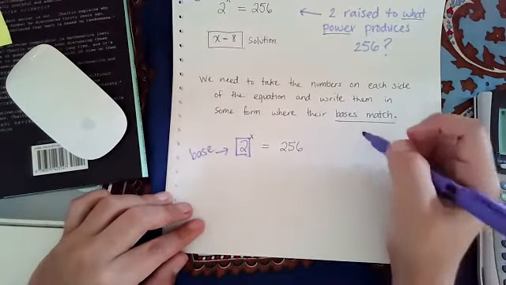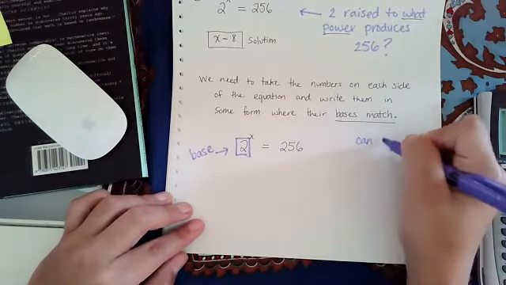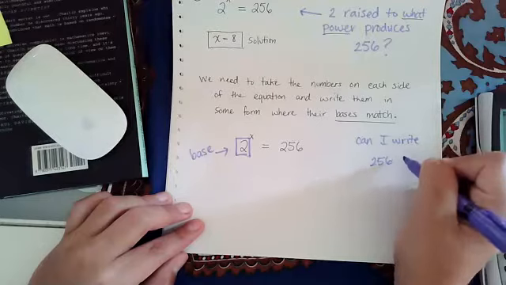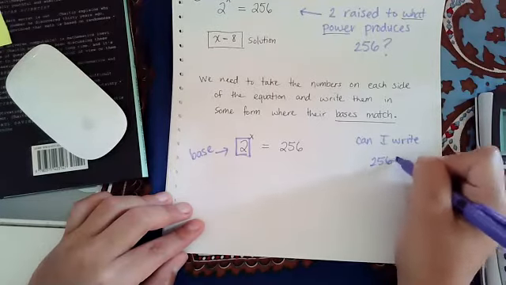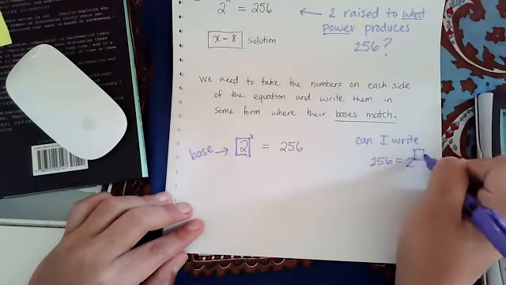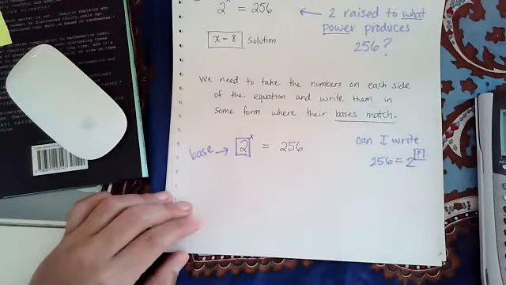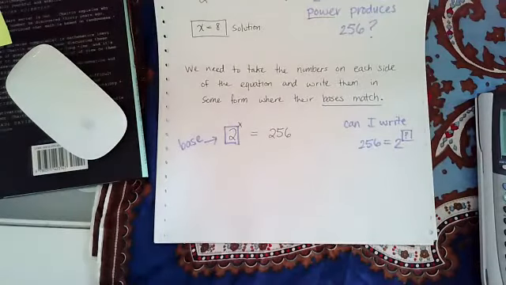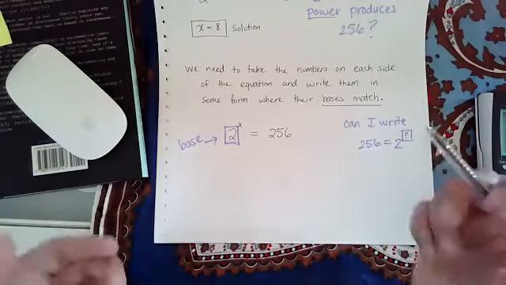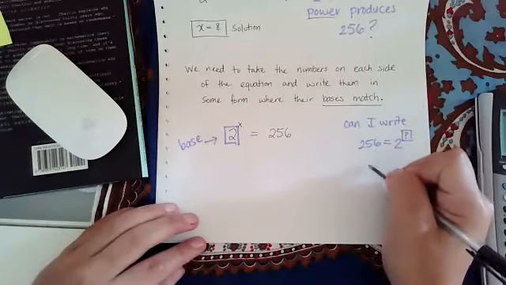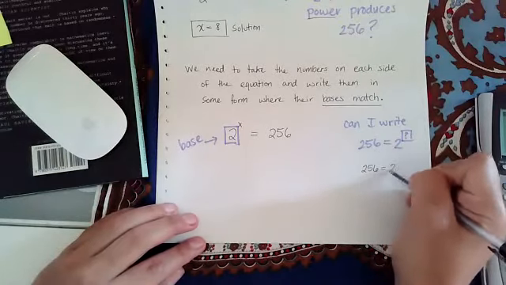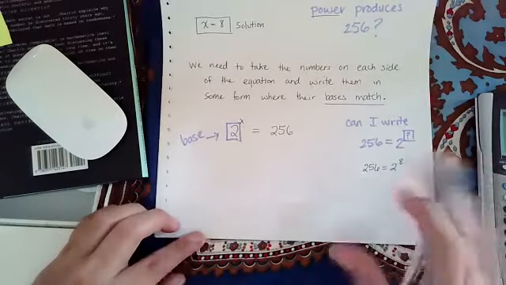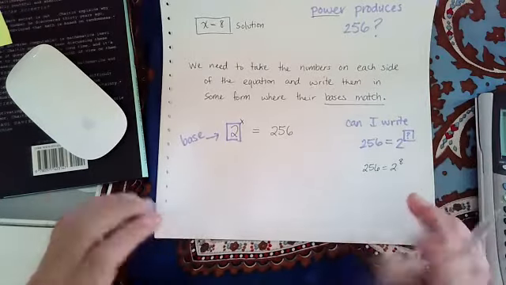So you need to ask yourself, can I write 256 as 2 raised to some power? And for this example, I can write 256 as 2 to the 8th power, right? And we sort of brute forced it in the calculator a little bit. There is a little bit of brute forcing.